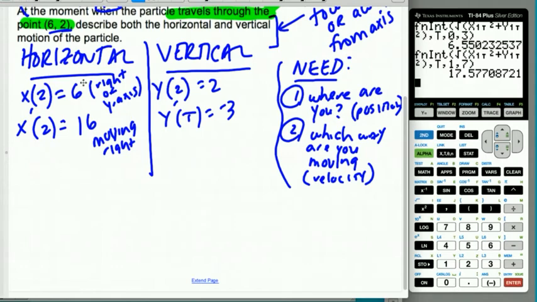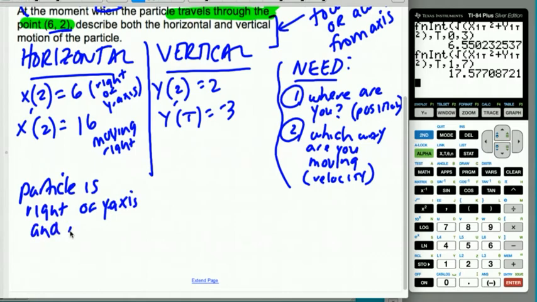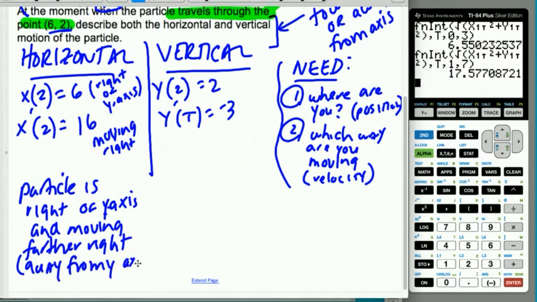So what's happening in the horizontal direction is the particle is right of the y-axis and moving farther right, meaning away from the y-axis. So that's what's happening horizontally.